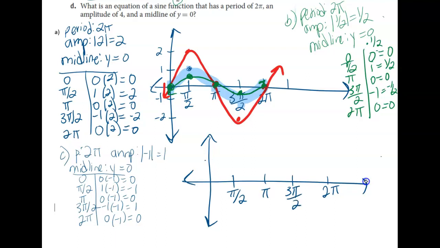I've got an amplitude of 1, so my high-lows are just 1, negative 1. I've got 0, 0, and this time I go down first. Back to 0, up to 1, back to 0. And so you'll notice it's not actually stretching, it's just flipping or reflecting.